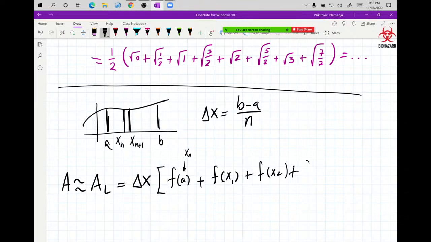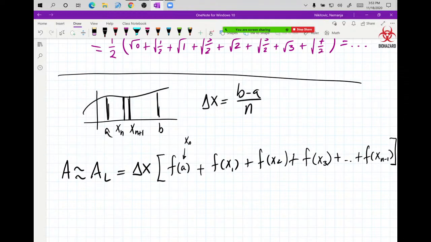Plus, f of x3. Plus, dot, dot, dot, f of x n minus 1. Remember, you're not using the last point xn, or b, for the end of the interval, because if it's a left approximation, the last point does not have a rectangle on its right. So we can't do the last one.